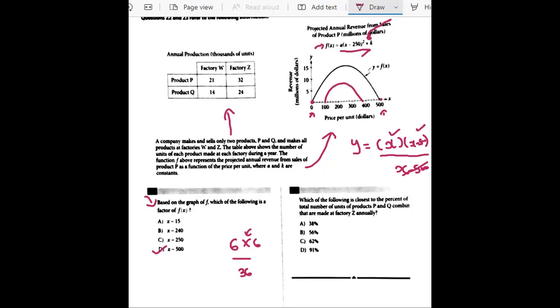If you are able to multiply two factors and you are getting a function, then yes, those factors which are being multiplied are your factors, not the ones which you are adding and getting a function, right? Here you are just adding x minus 250 square with k, okay? Did you understand this now? Yes, ma'am. Okay.